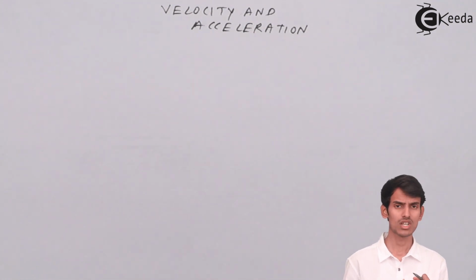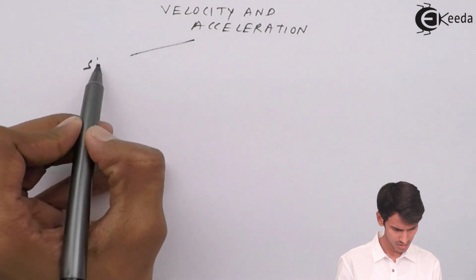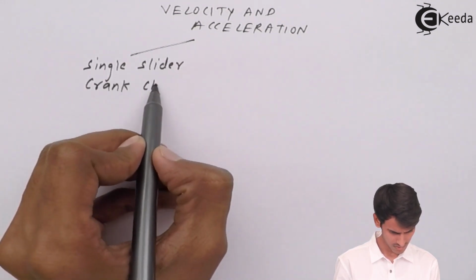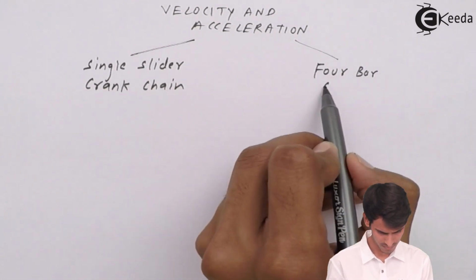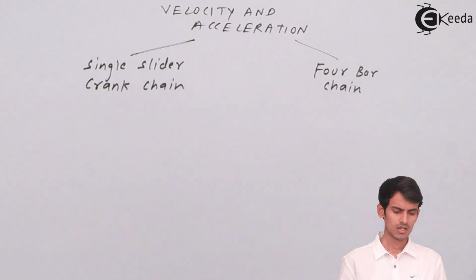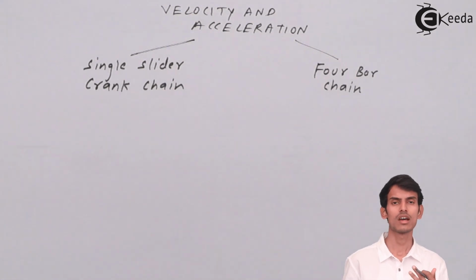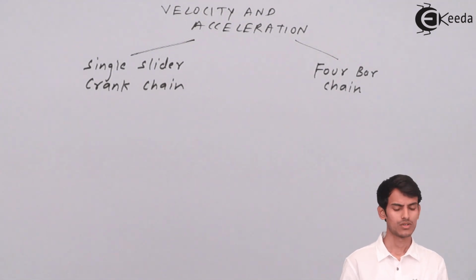So there are two chains that we have in our syllabus, that is a 4-bar chain and a single slider crank chain. Now for single slider crank chain, to calculate velocity and acceleration you have three methods, and in a 4-bar chain you have only one method. So let's first of all list down all the methods.